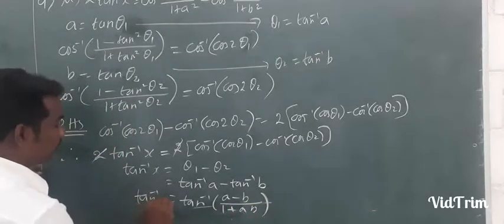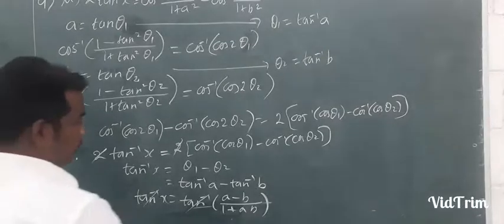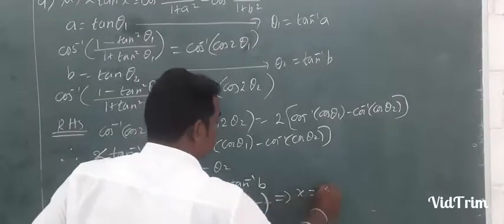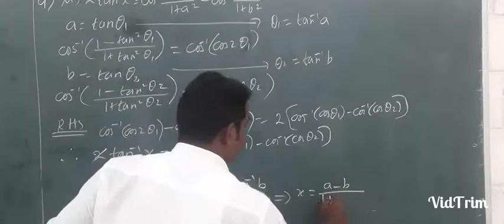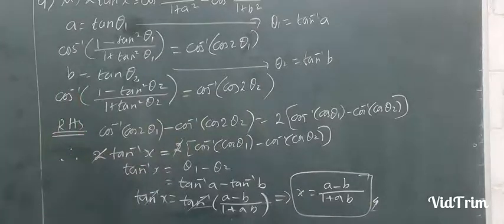Here tan inverse x, tan inverse cancel. What is the remainder part? That is x is equal to A minus B. So the answer is x is equal to (A minus B) by (1 plus AB). That is the answer. You copy that.